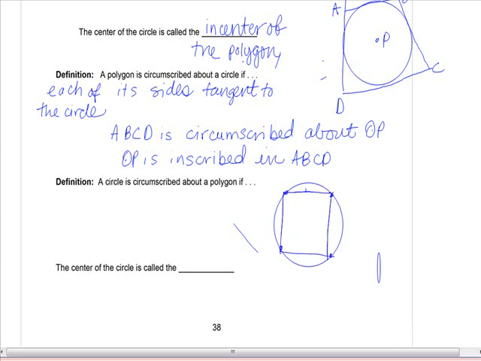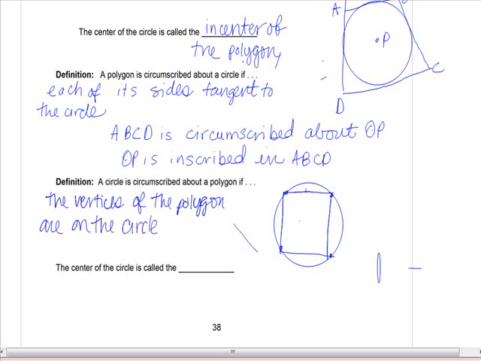The circle is circumscribed about a polygon if the vertices of the polygon are on the circle. Now in this context, when the circle is around a polygon, the center of the circle is known as the circumcenter of the polygon.